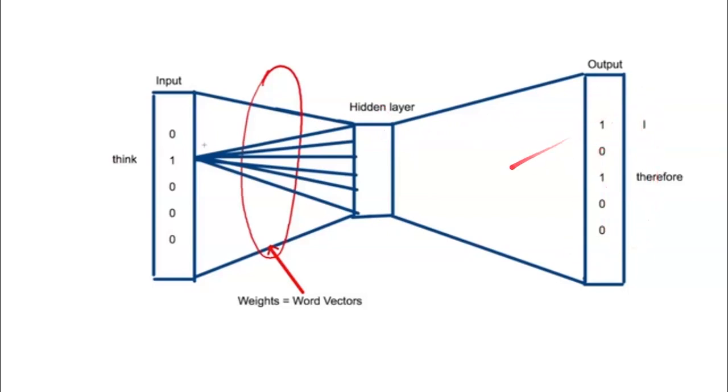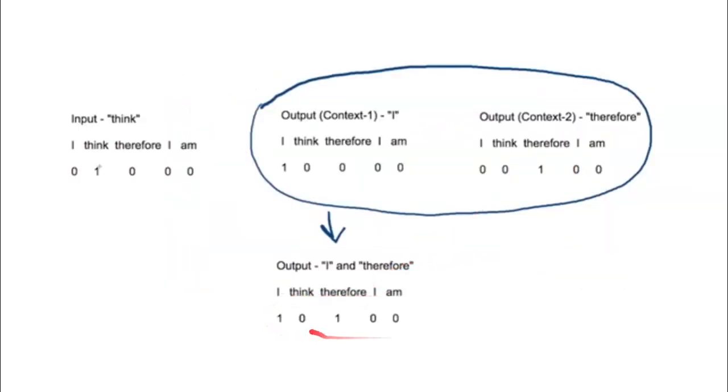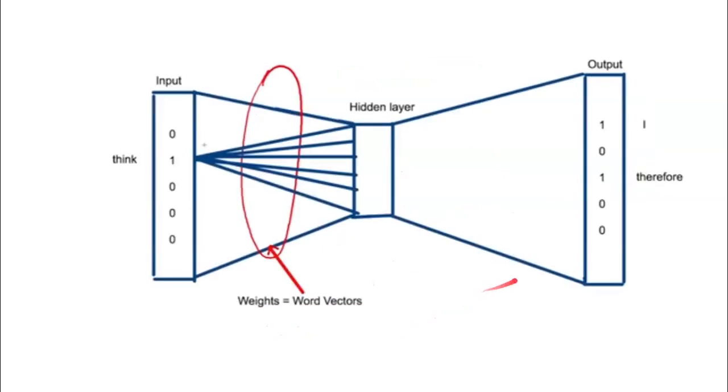The output I mentioned here, 1 0 1 0 0, is the output which I am predicting at the end. It is clearly shown that it predicts one as "I" and another one as "therefore". As soon as I pass the word "think", I get the contextual neighbors "I" and "therefore".